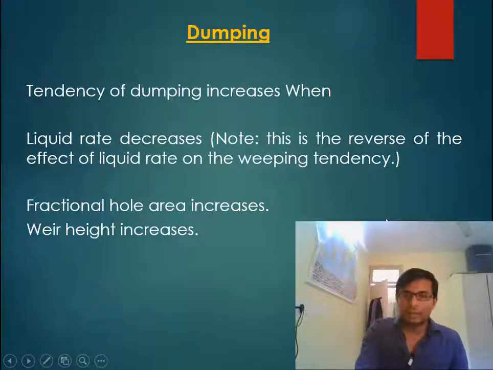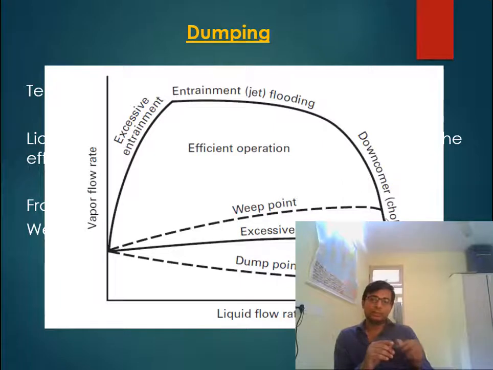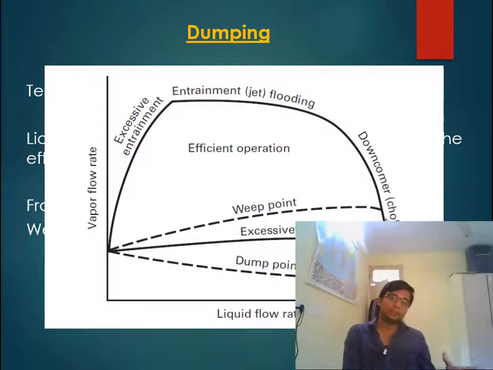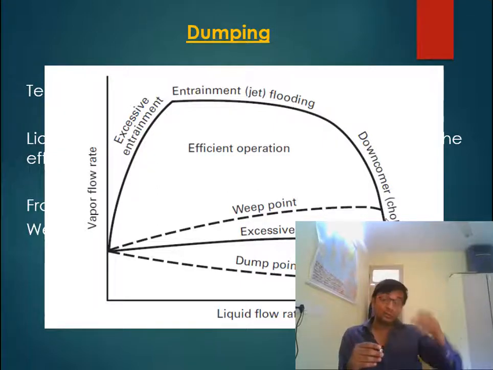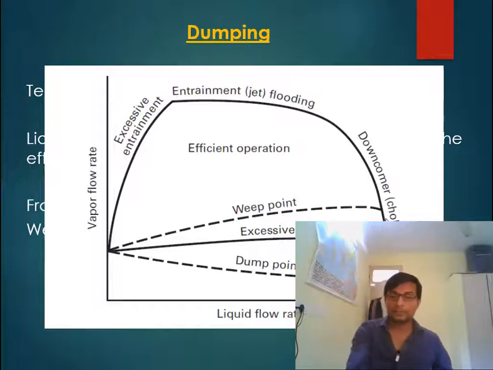Okay. So we have now discussed dumping, and we have also discussed the mechanical problems of the tray which may lead to flooding and dumping. Now let us discuss one more concept, and that is called turn-down ratio.